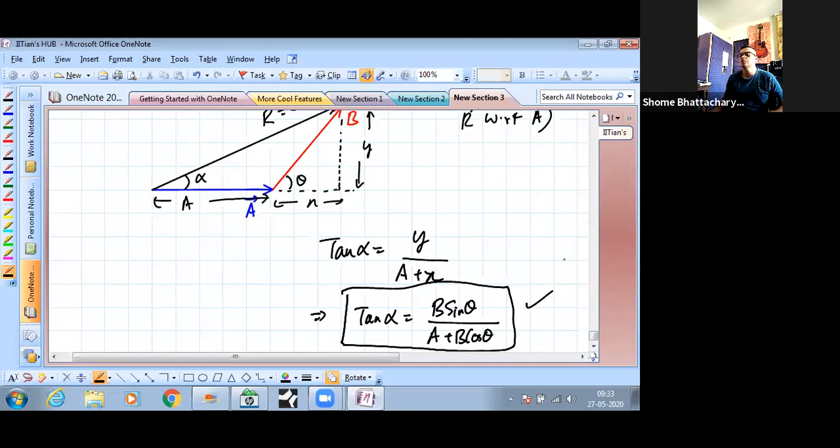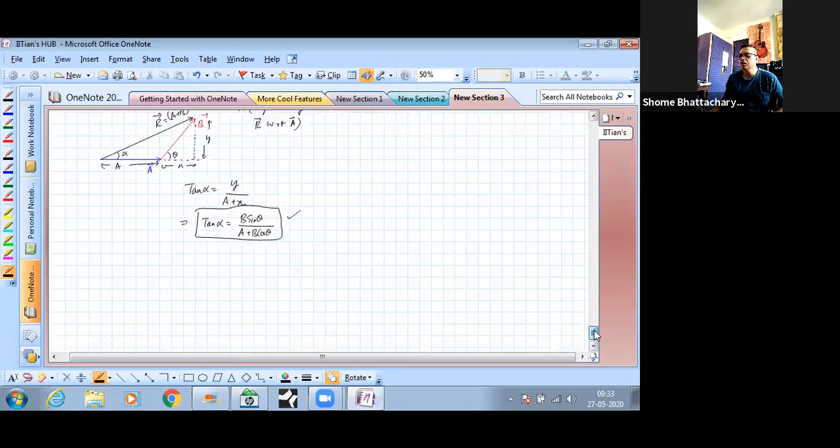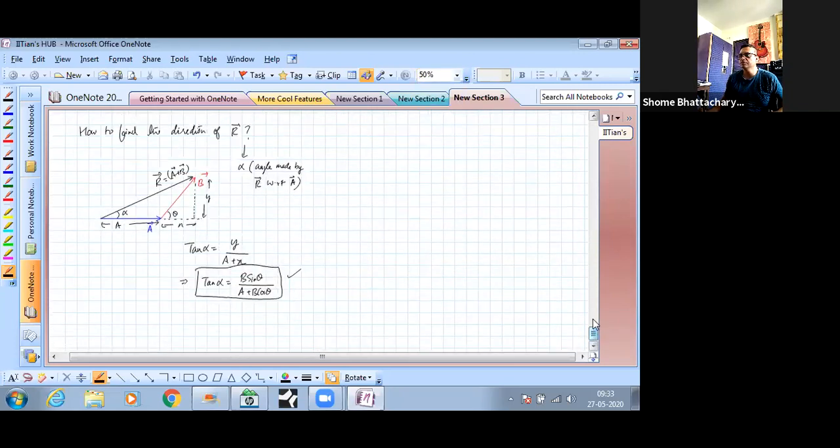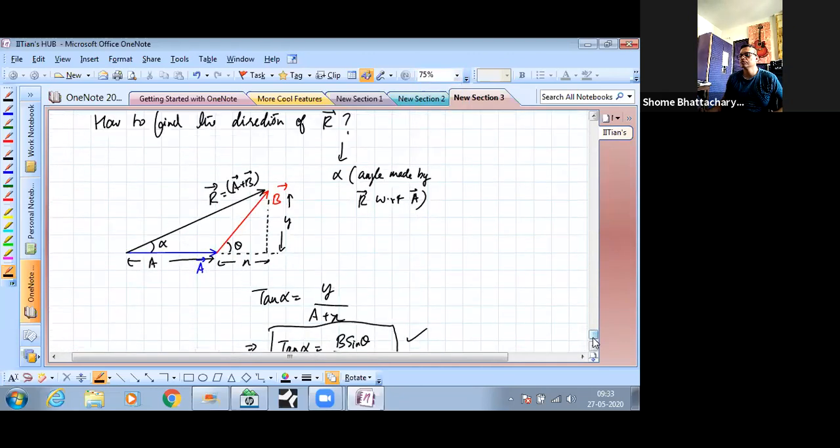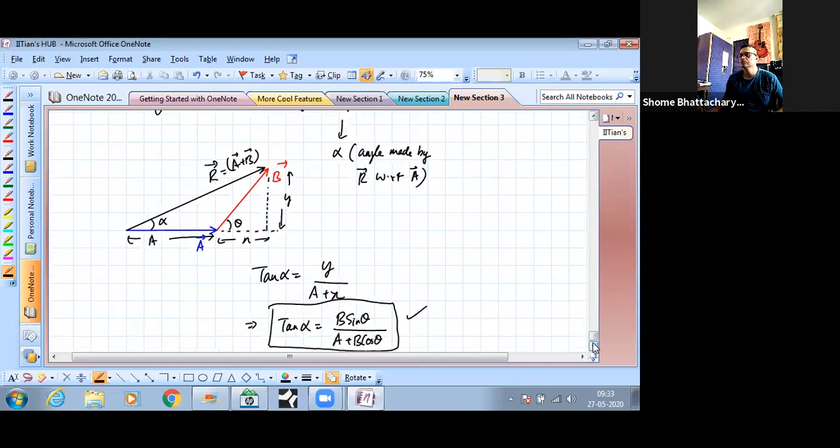This becomes the formula for the angle or for the direction of the vector R with respect to the vector A. So just note down this formula, people.